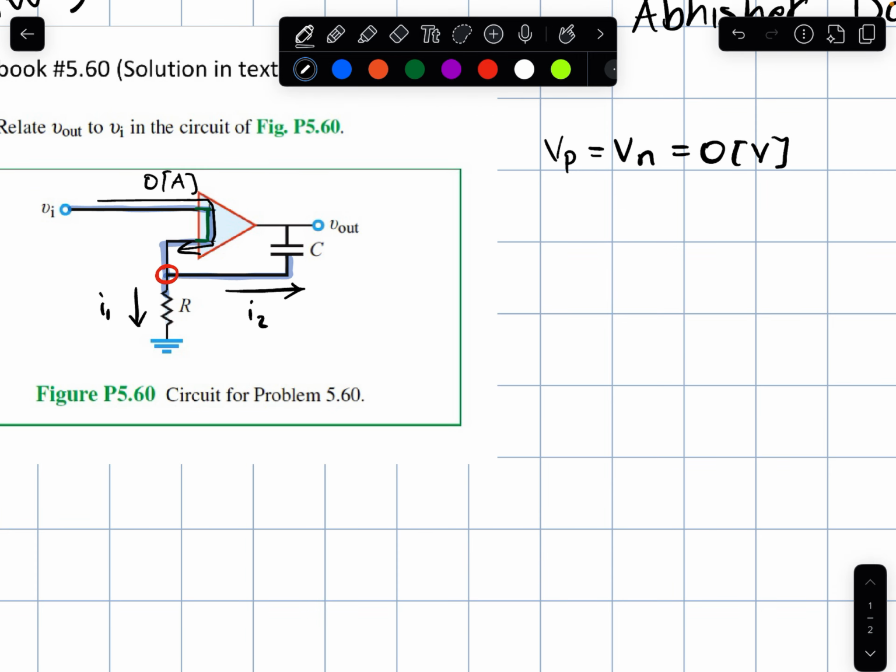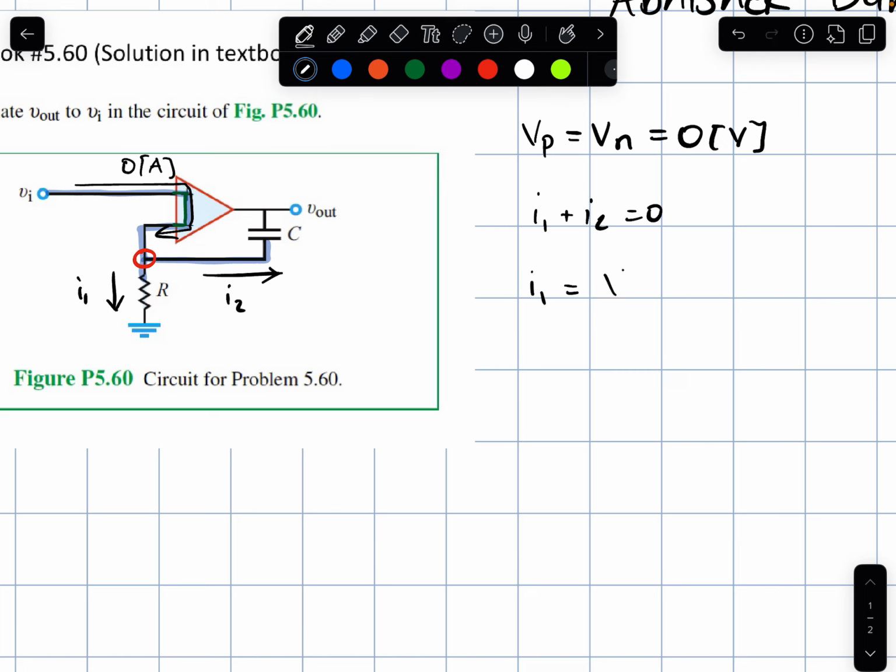And then you can define I1 pretty easily. I1 equals the voltage across the resistor over the resistance value. So voltage across would be this node, the blue node, Vi minus 0 volts because that's ground. So Vi, I don't have to include the 0, over R.